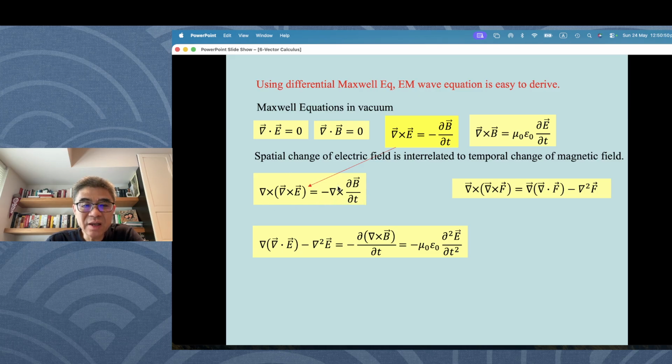The right hand side will become, if I change the order of time derivative and the spatial derivative, curl B taking a time derivative.